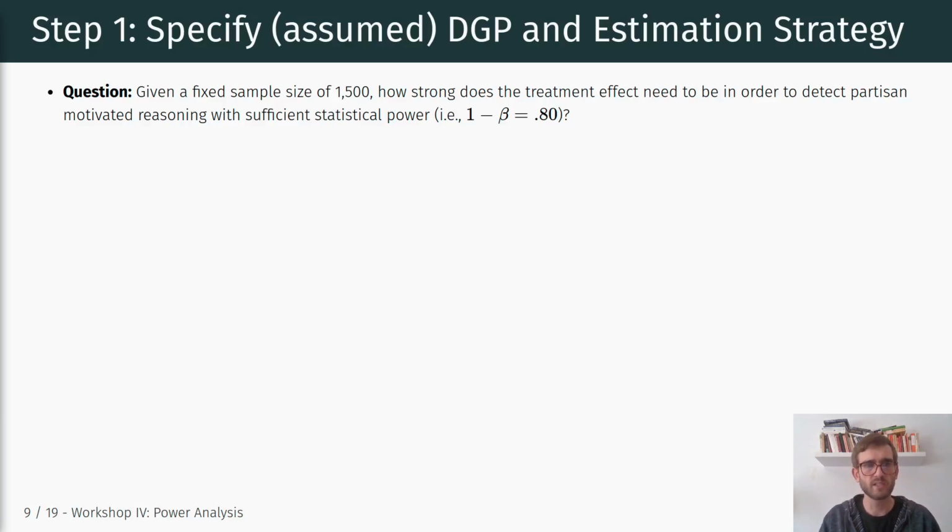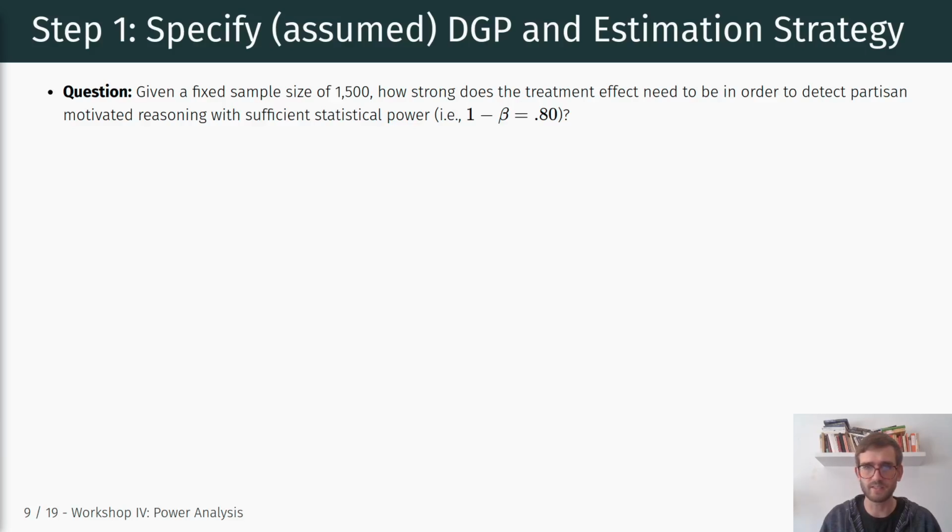And the question was, given a fixed sample size of 1500, how strong does the treatment effect need to be in order to detect partisan motivated reasoning with sufficient statistical power, so 80% statistical power, okay? And ultimately in the planning process, we did this prior to running the study and compared different types of treatment assignments and different types of designs ultimately to kind of maximize power given assumed effect sizes and kind of features of the design, right?